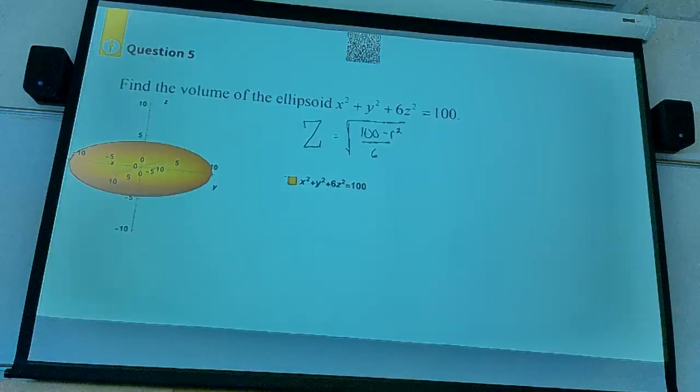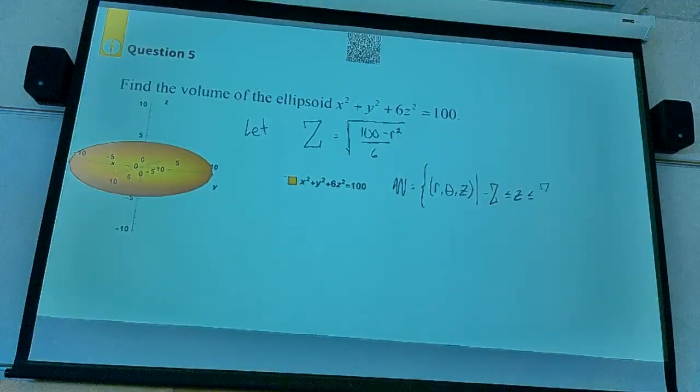So for now, I'm just going to say let big Z equal that. Okay. Z goes from negative big Z to positive big Z. Theta is 0 to 2 pi. That's the entire circle.